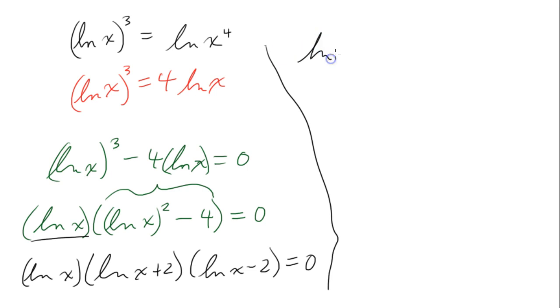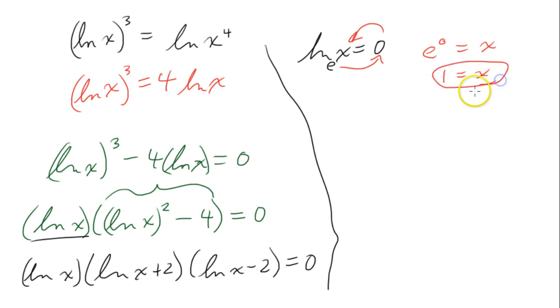So natural log of x equals 0. And remember here that the natural log is really just log base e. So to solve this, we can say, well, e to the 0 power equals x, or that is x equals 1. So that is one of our solutions. Let's do it with the other two.